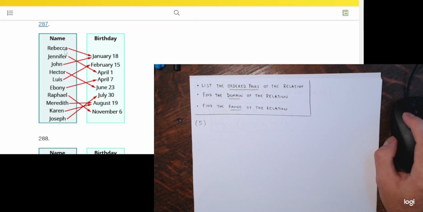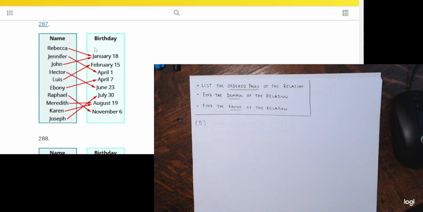And this is, like I said, a mapping or an arrow diagram. And if there's an arrow from an element in the box on the left to an element in the box on the right, then that means there's an ordered pair there in the relation, a relationship between that name and that birthday. Maybe that person has that birthday.